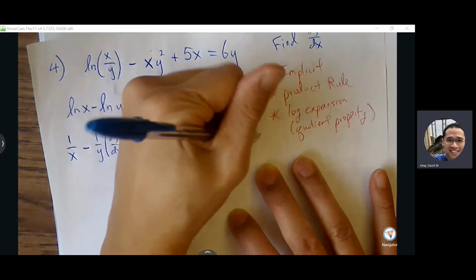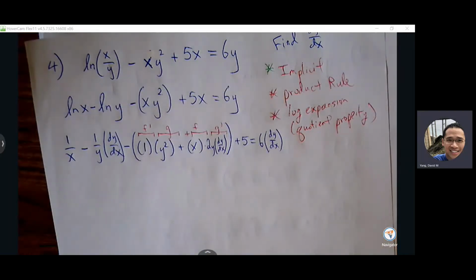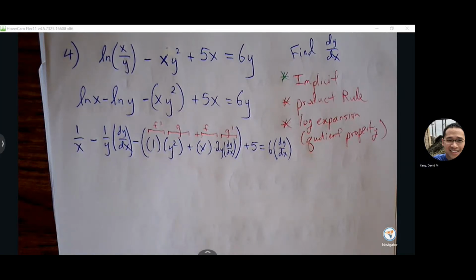And then 6y becomes 6 dy dx. Okay, we're done with our derivative step. The rest is just trying to clean all this mess up, trying to group all the dy dx together, factor it out, and then solve for dy dx.